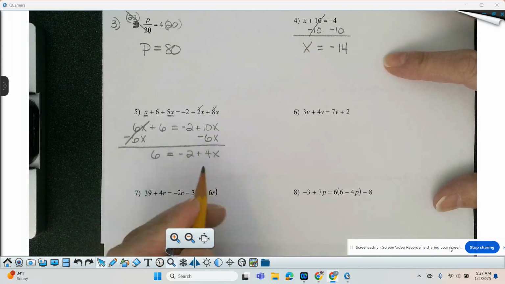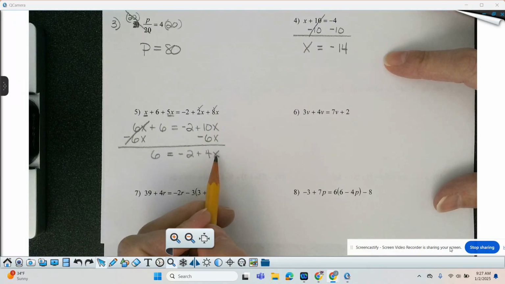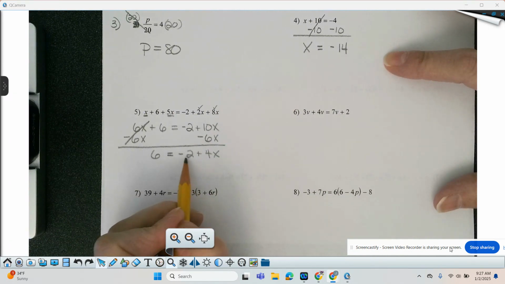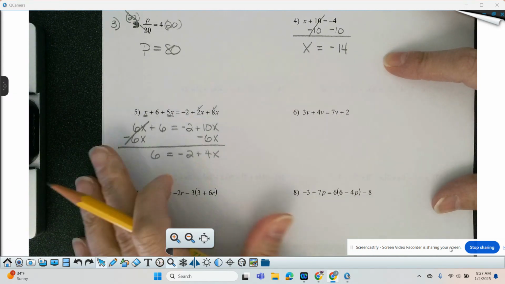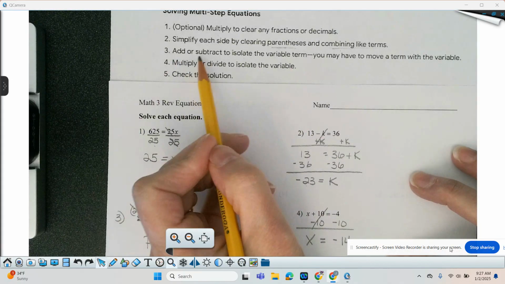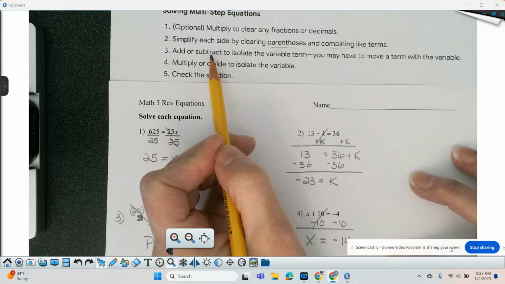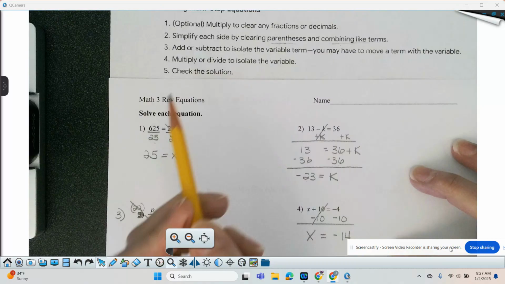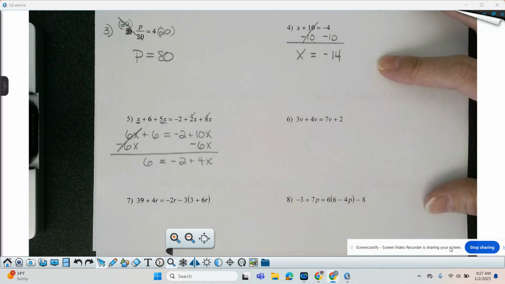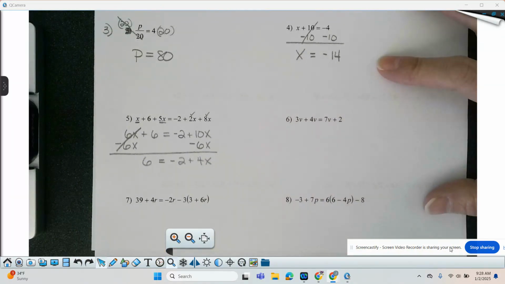I need that x to be by itself, so you're going to hear me say a lot of times, the number with the letter is the last to move, so this needs to move to the other side. Why? Because our directions say we add or subtract before we multiply or divide. When you're solving, it's the opposite of the order of operations.